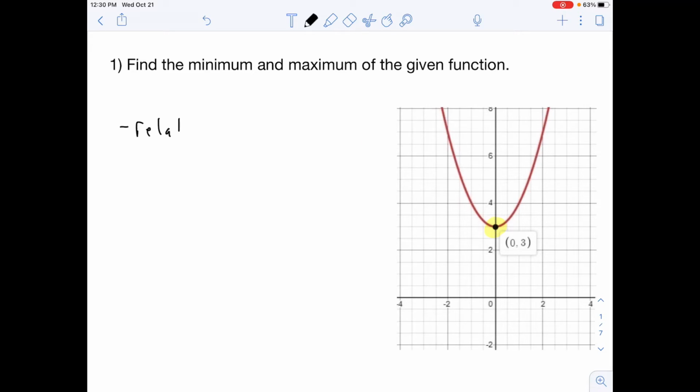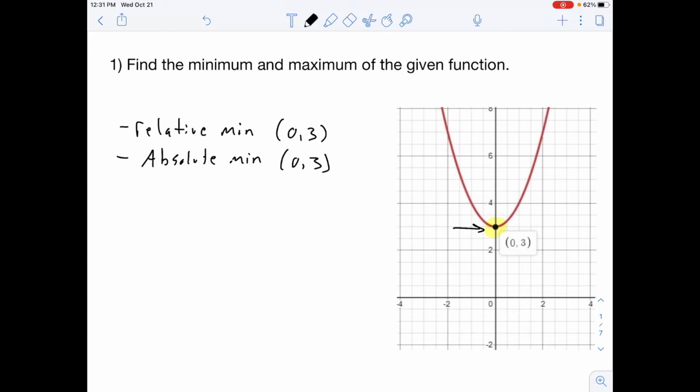So this point right here is a relative min at 0, 3, which is also the absolute minimum, which is at 0, 3. Again, because this point here is the lowest point of the function, which makes it an absolute min.